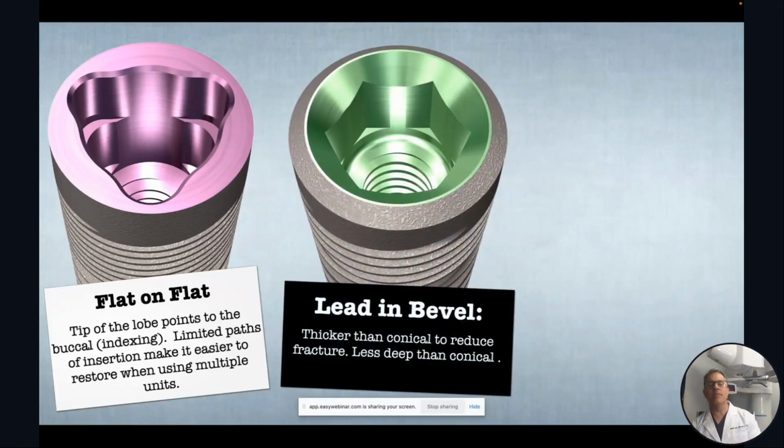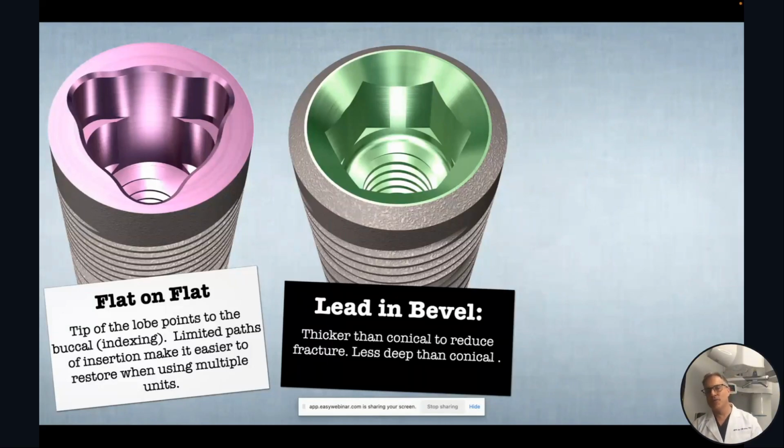Back in the day, Dr. Gerald Niznick invented the Lead-in Bevel design. Back before Dr. Niznick, most people were using external hex type implants. So Dr. Niznick developed this. It became used in all Zimmer implants and the Implant Direct legacy.